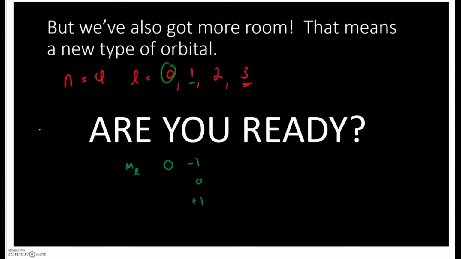Here is energy level 2. You can have, this is L being 2, you can have -2, -1, 0, +1, or +2, meaning 5. Here is our new orbital. This can have values of -3, -2, -1, 0, +1, +2, or +3 for a total of 7 possible orientations.